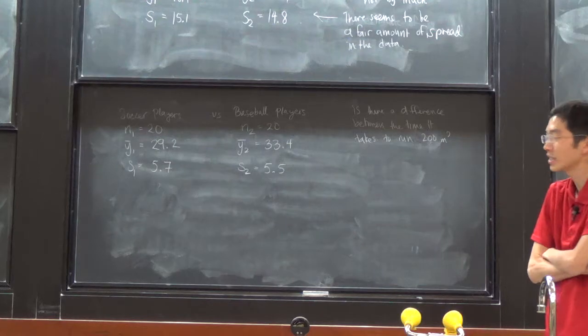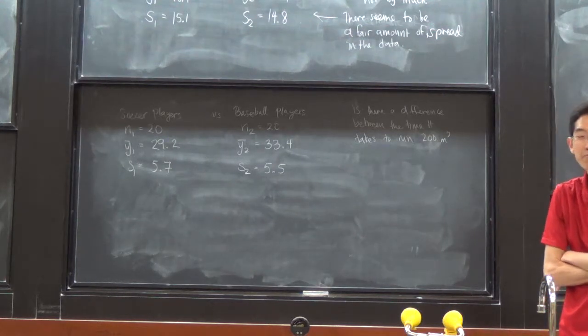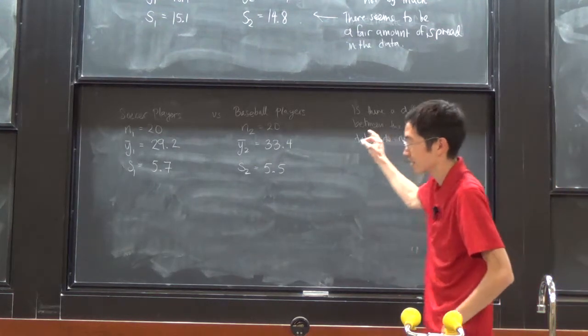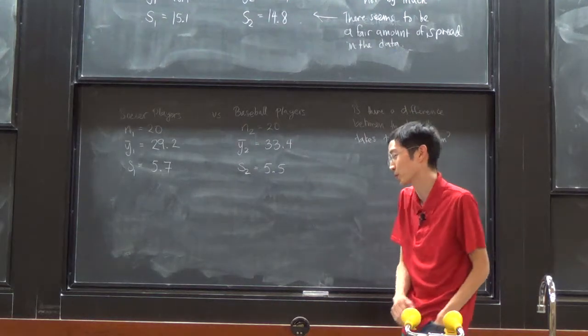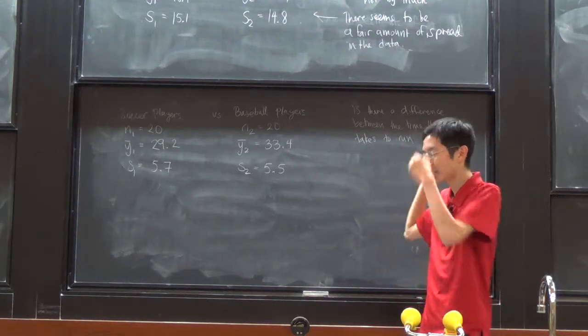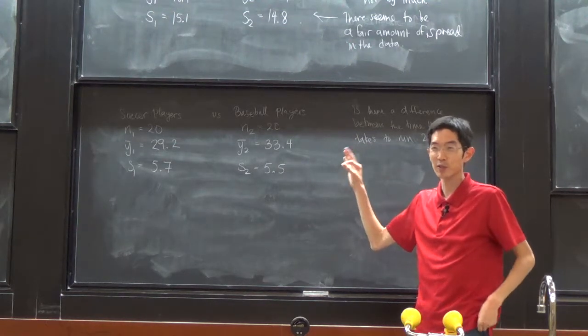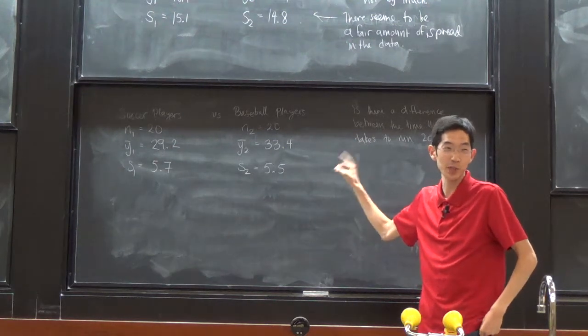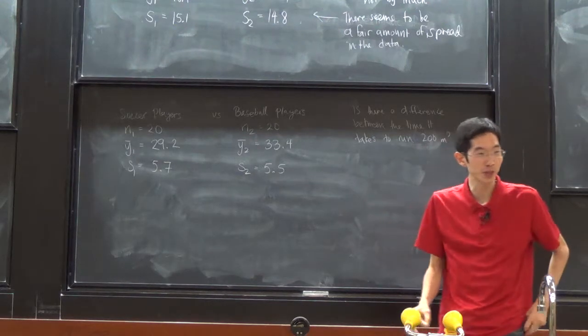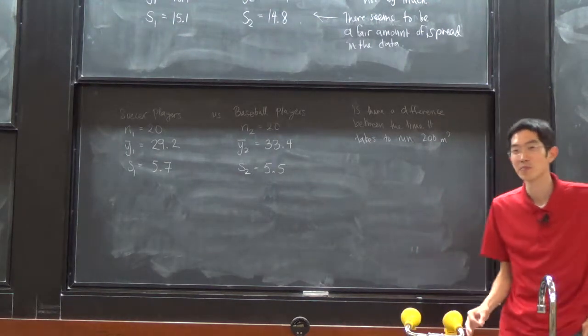Maybe, maybe not. Or maybe I should say, does this not show that soccer players run faster than baseball players? Because that's actually a different question. I should ask, is there a difference between the mean running time of soccer players and the mean running time of baseball players when it comes to running 200 meters? Yes.